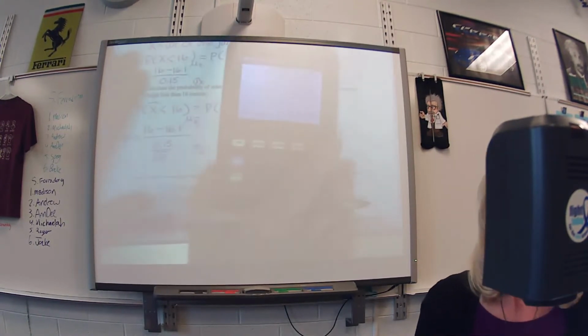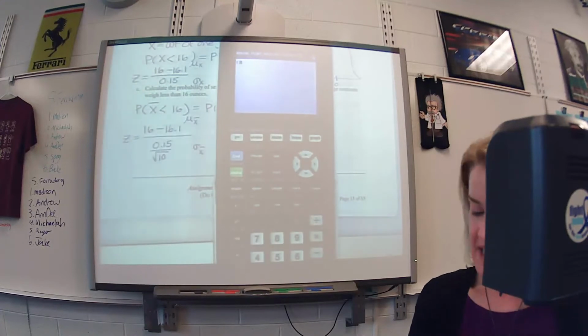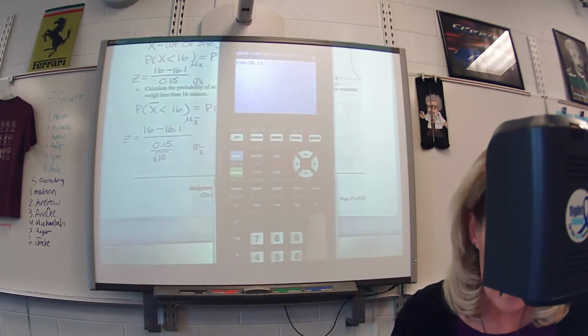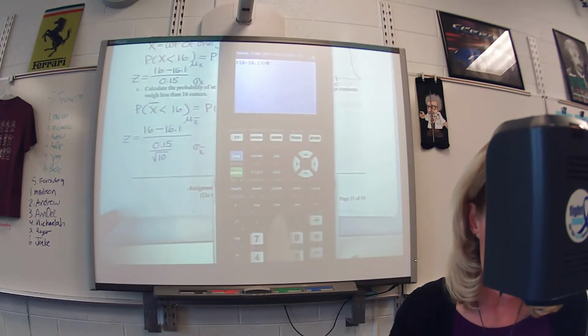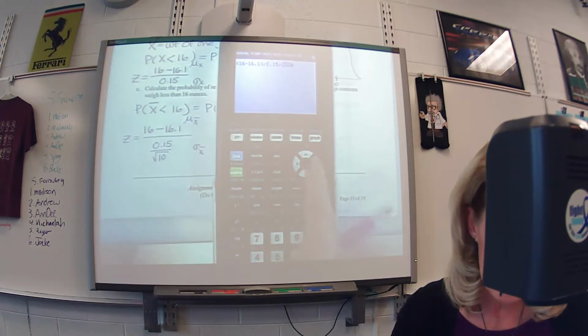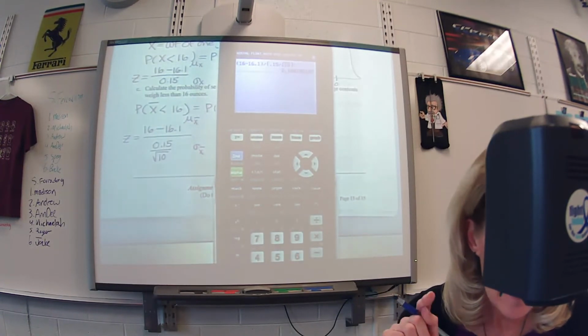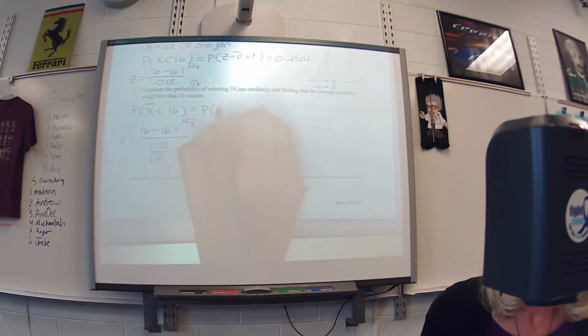When I put this in my calculator, I put my numerator and denominator in parentheses. You can make a fraction if you want. I put the numerator in parentheses, and then the denominator in parentheses. And I get a z-score this time of negative 2.11.